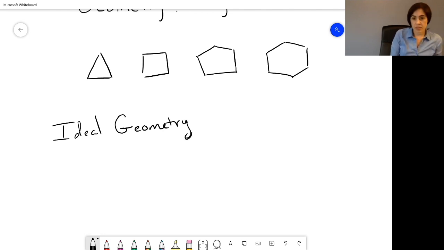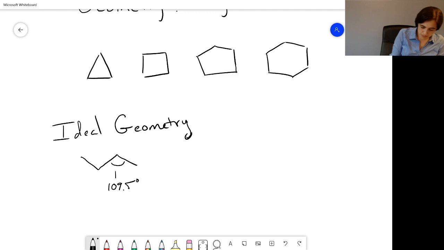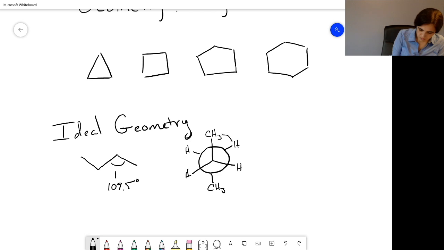So let's just take butane as an example. All right, so we would expect a 109.5-degree angle here, and we would expect that we would see dihedral angles of 60 degrees.